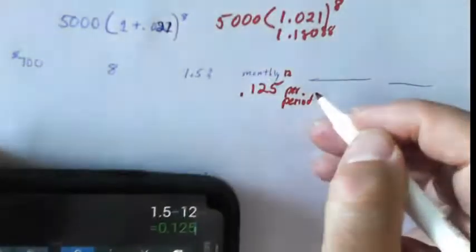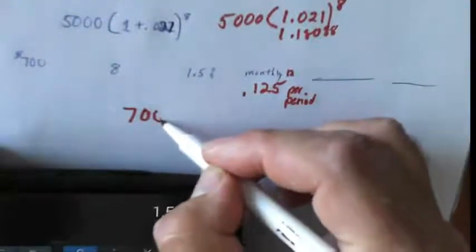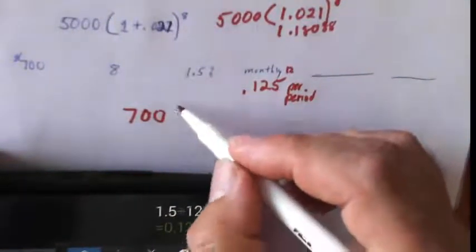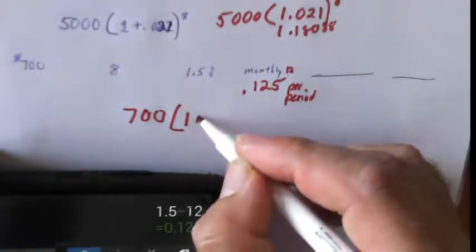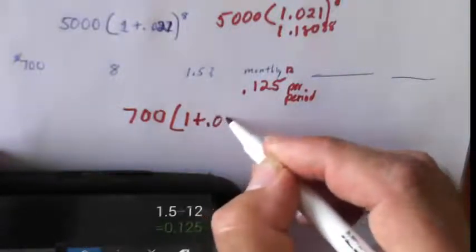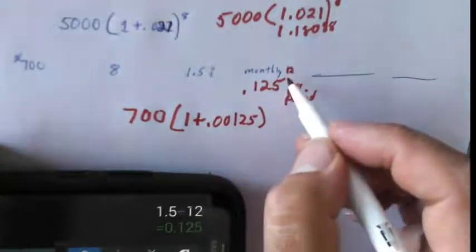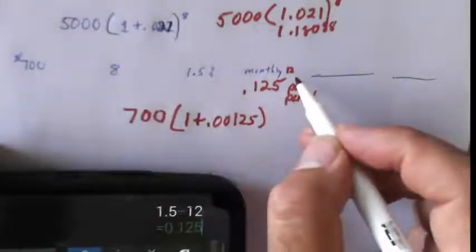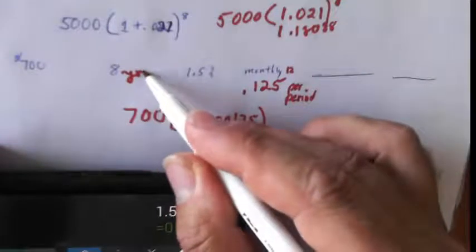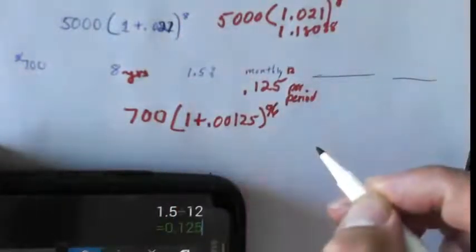All right, so as we're setting up our formula, and move that over to a decimal. Okay, and we have 8 time periods, or 8 years. 12 months is going to give me a multiplier then of 96.